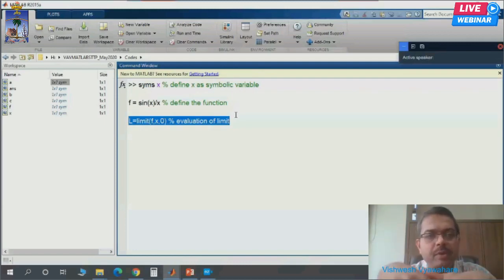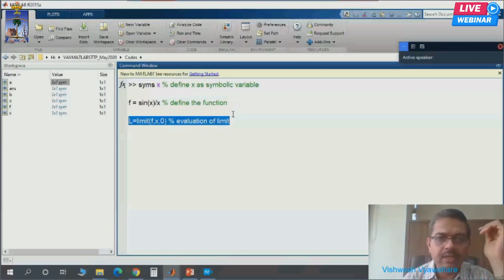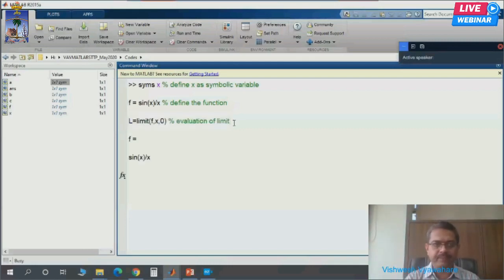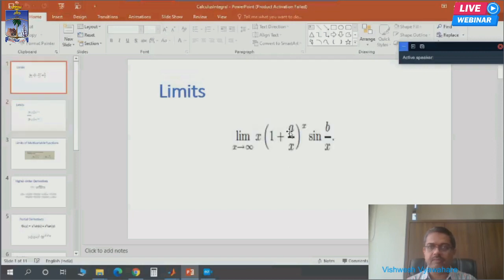So basically this is the problem of limit x tends to 0 sine of x by x, and we know the answer is going to be 1. Okay, and it gives the answer L is equal to 1. We have got the answer for this. So it's very easy. Now you will appreciate it when I show you the limits of some complicated functions.